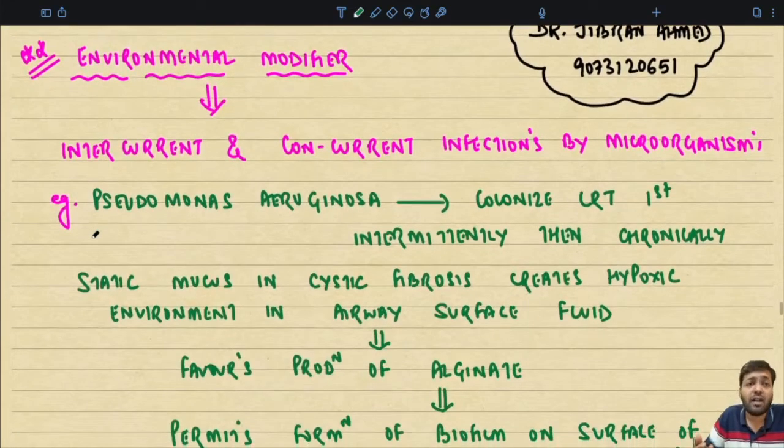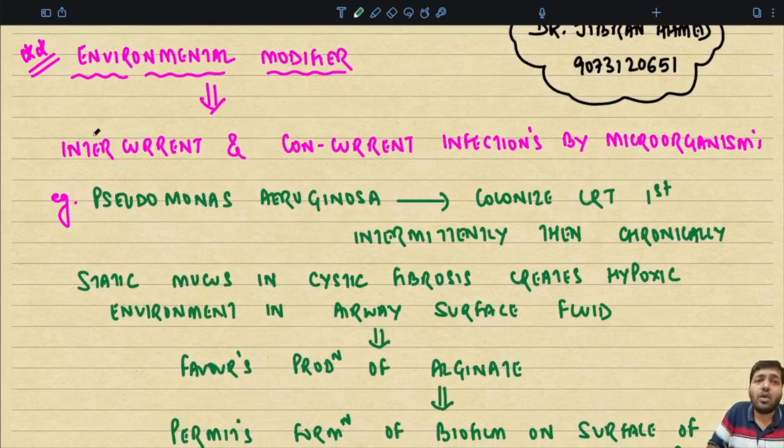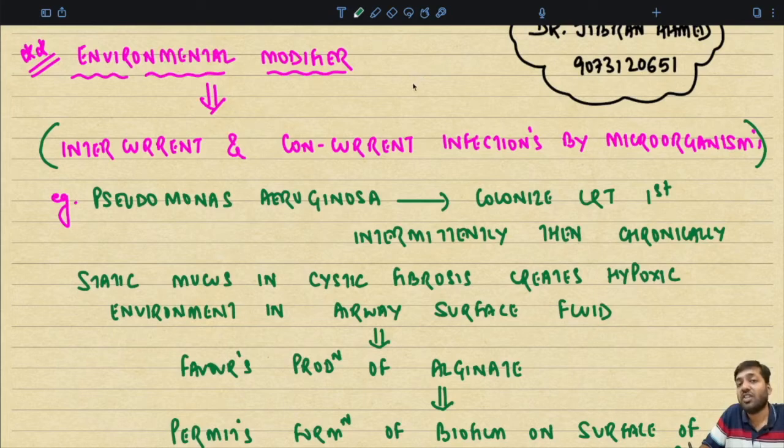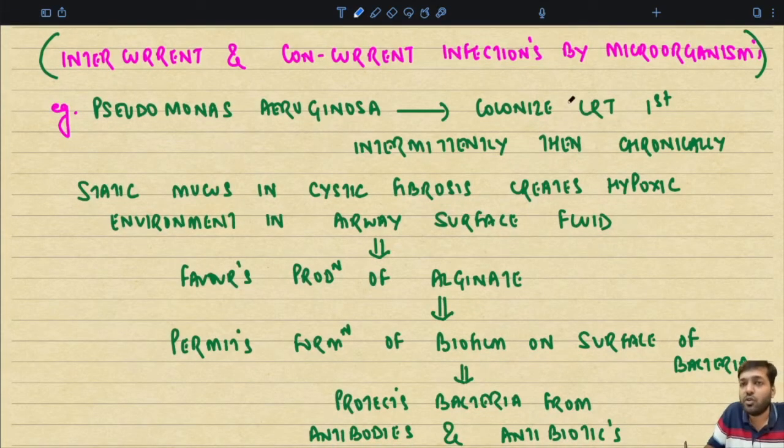Similarly, what are the environmental modifiers? If a patient with cystic fibrosis is constantly affected by any kind of infection, that can also change the course of the disease. For example, Pseudomonas aeruginosa colonizes the lower respiratory tract first intermittently, then chronically.